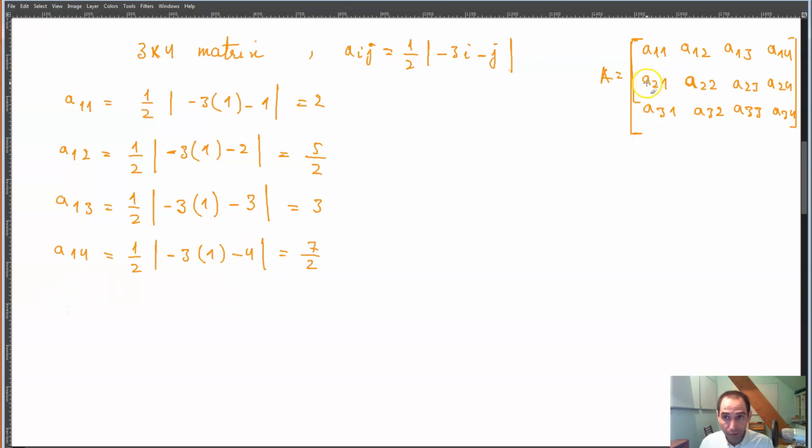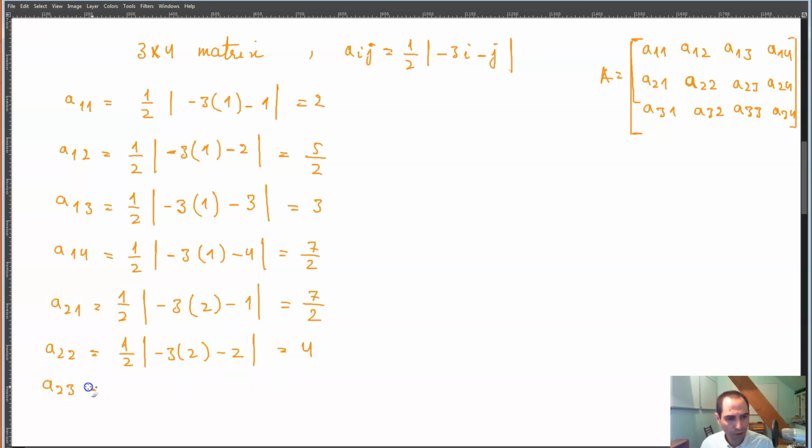Then you have A of 2,1. A of 2,1 is equal to 1/2 of the absolute value of -3 times 2 minus 1, which is equal to -6, -7. -7 becomes +7, 7/2. A of 2,2 is equal to 1/2 of the absolute value of -3 times 2 minus 2, which is equal to -6, -8. +8 divided by 2 is equal to 4.